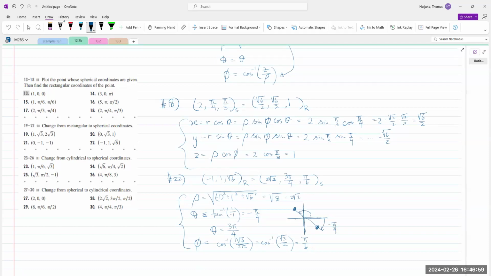But when we see the coordinate (-1, 1), it's supposed to be located in quadrant 2. So what we do is adjust -pi/4 by adding pi, because the period for tangent is pi. When I add pi, I get an angle in quadrant 2. Okay, thank you.